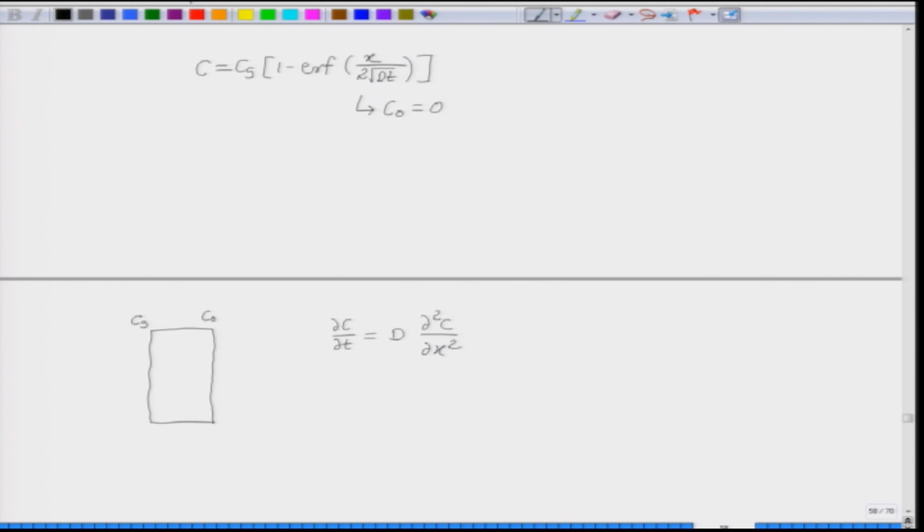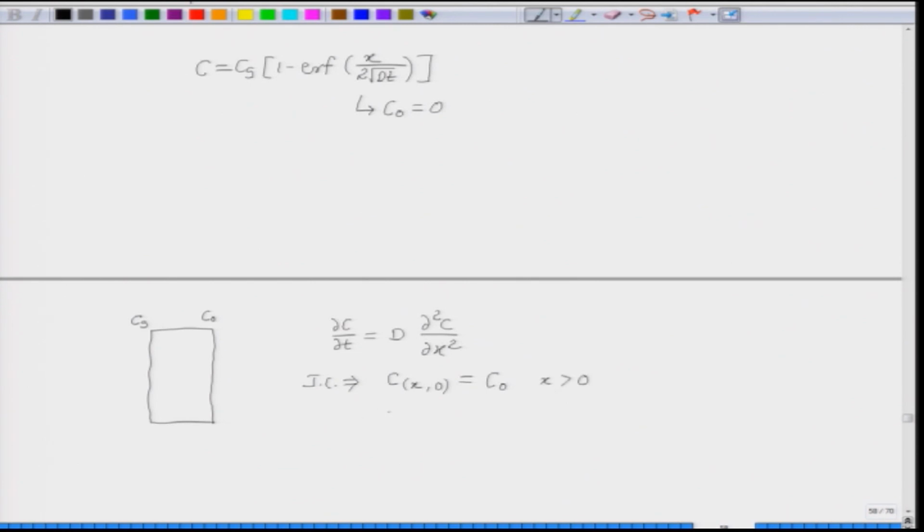Now, C naught is not 0 in this case. So the initial condition is C at any x at t equal to 0 is C naught for all x greater than 0.